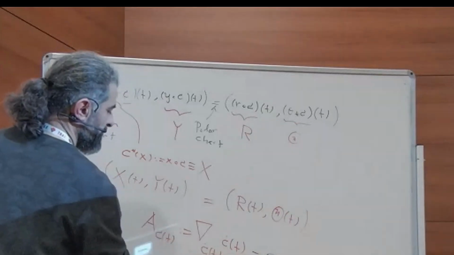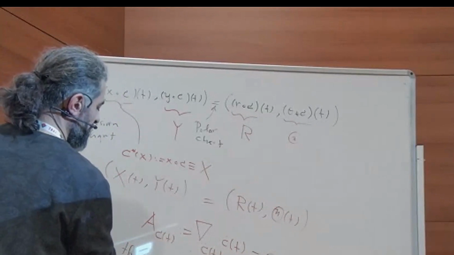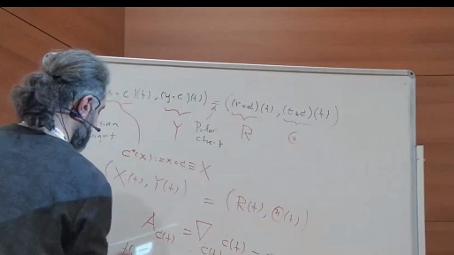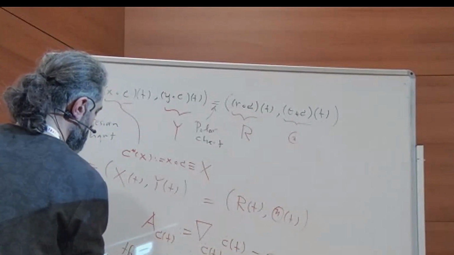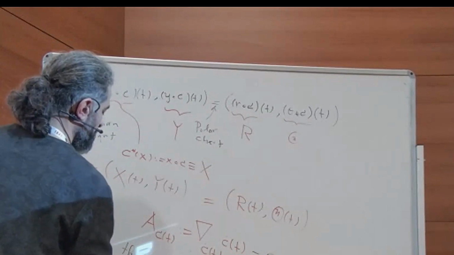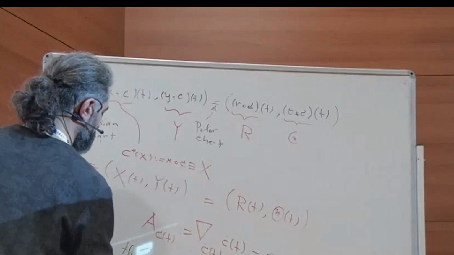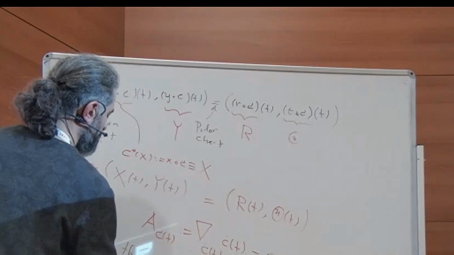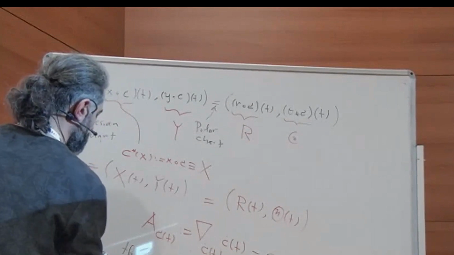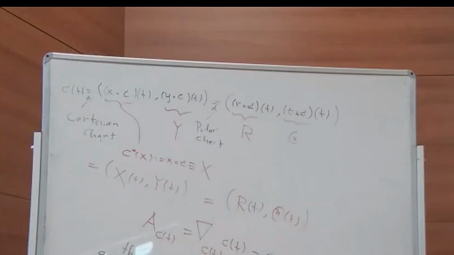If this condition is satisfied, then C is an autoparallel curve of nabla. Okay, this is our definition.